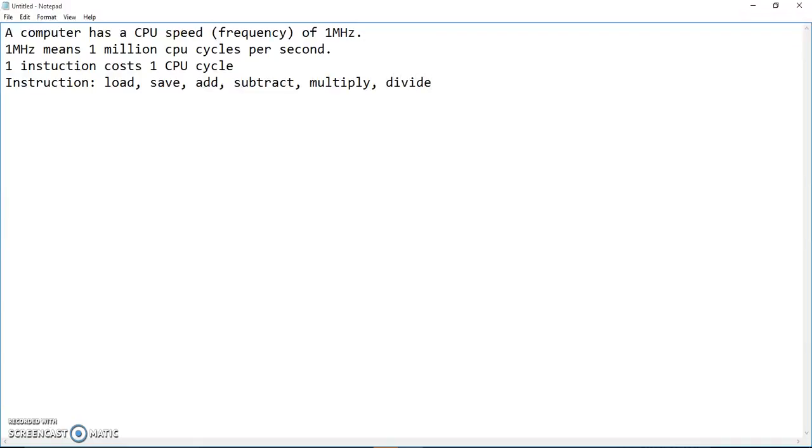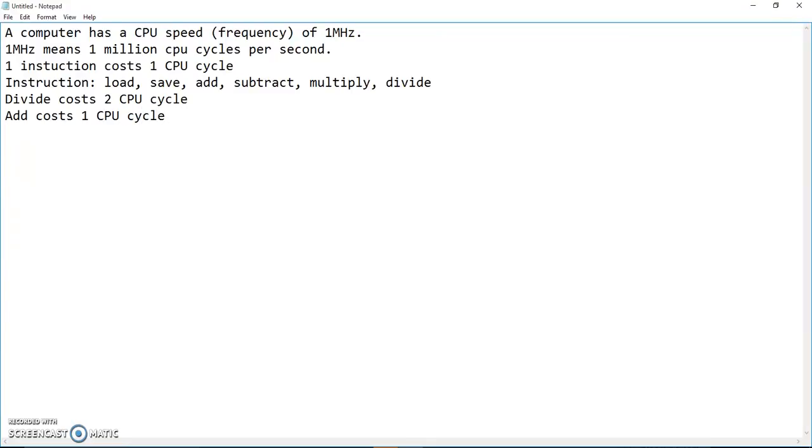Some instructions cost more than 1 CPU cycle. Sometimes we say, hey, divide is going to cost more, like divide costs 2 CPU cycles. Something like that. If I say add costs 1 CPU cycle, right?